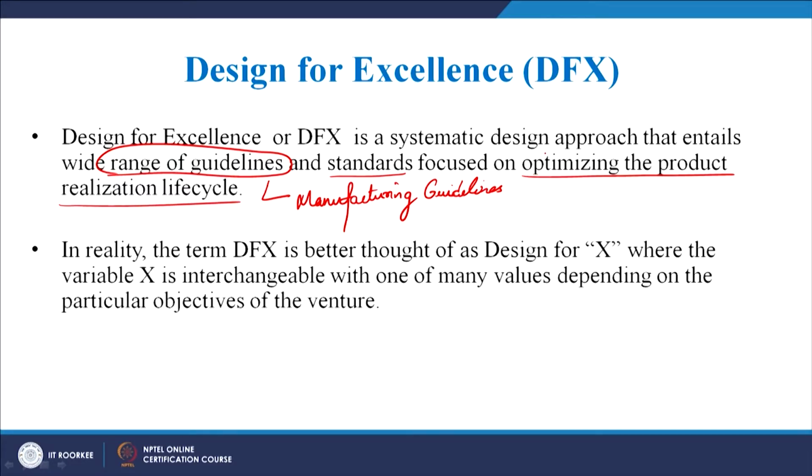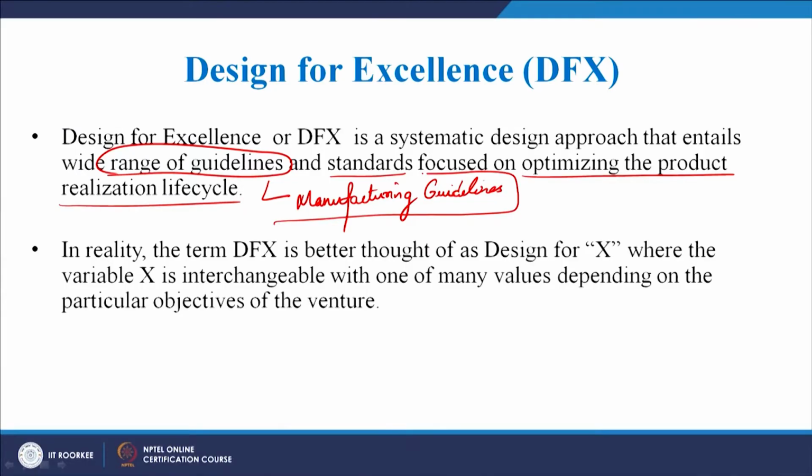So we try to ensure that the product realization life cycle is as short as possible, as efficient as possible, as effective as possible, as productive as possible. The product realization life cycle is the overall objective, and optimizing that is our main focus area.